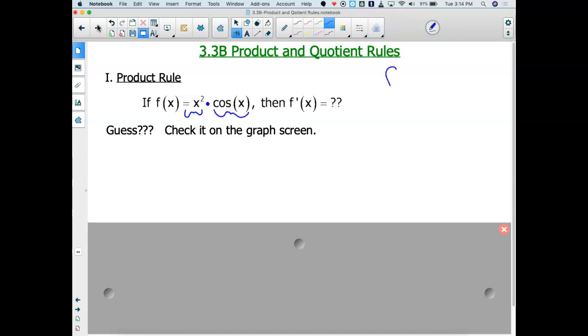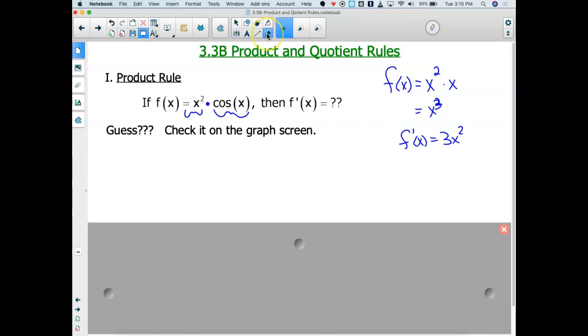If I had something like f of x equals x squared times x, I would never use the product rule on that. I would redefine my function as x cubed, and the derivative would be 3x squared. But I can't do that with this particular function.